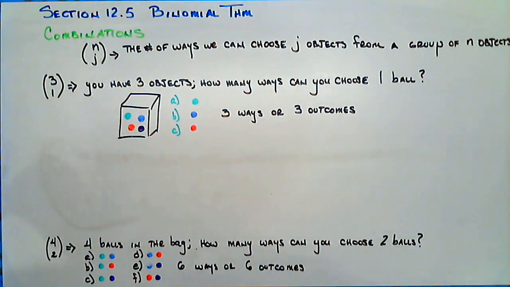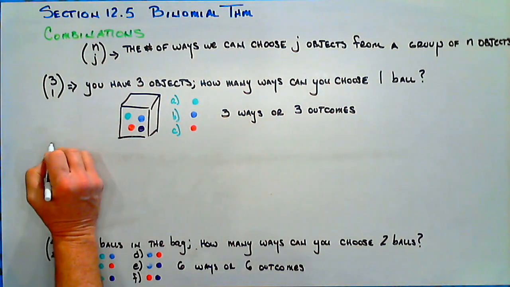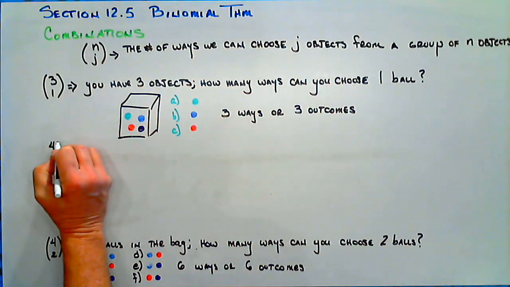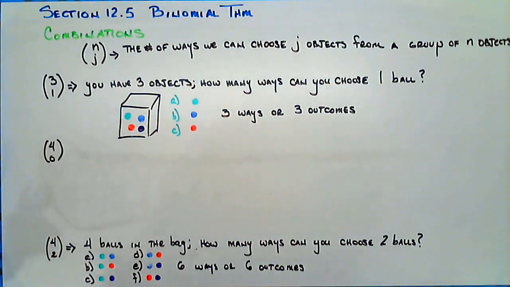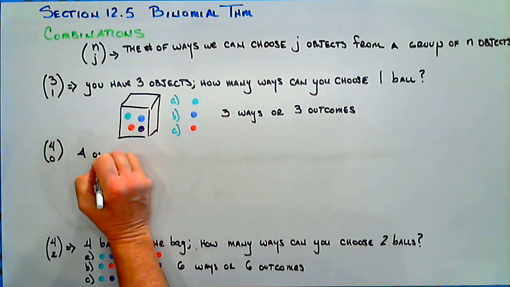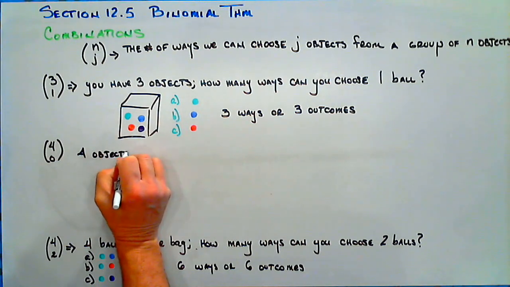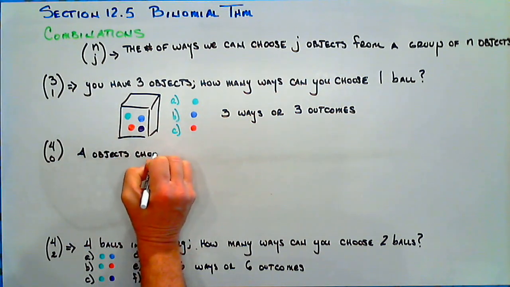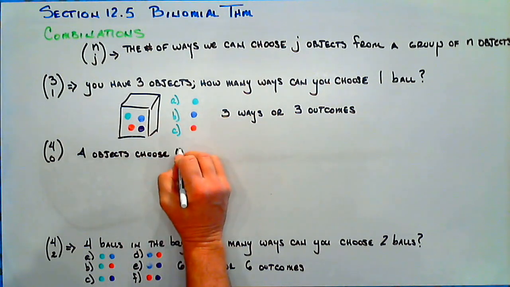And let's ask ourselves a few questions about 4 objects. Let's ask ourselves, what does this mean? 4 objects, choose none. That's what that means. We can write this in shorthand as 4 objects, choose 0.